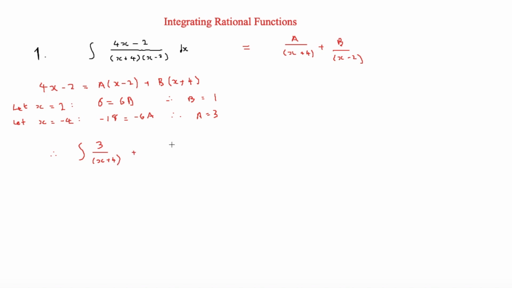plus 1 over x minus 2. We know that 1 over x integrated is ln x. So we can use this to make this all ln. For the first one, that is going to integrate to 3 ln (x plus 4).